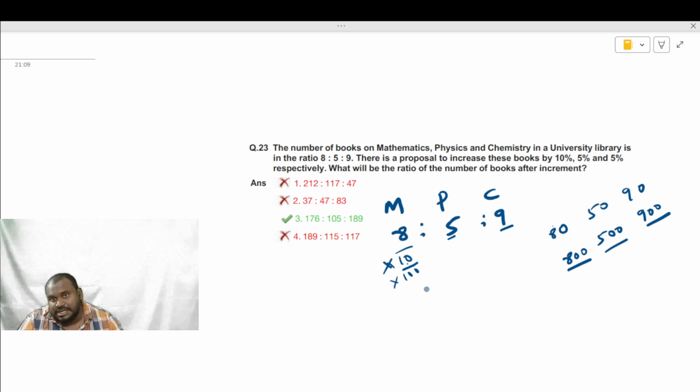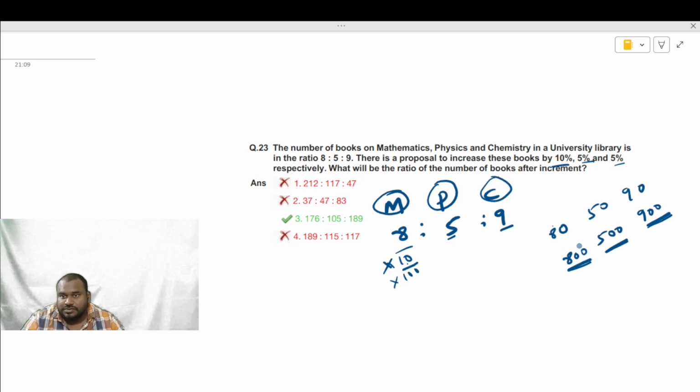There is a proposal to increase these books by 10%, 5%, and 5% respectively. Respectively means for maths 10%, for physics 5%, and chemistry 5%.